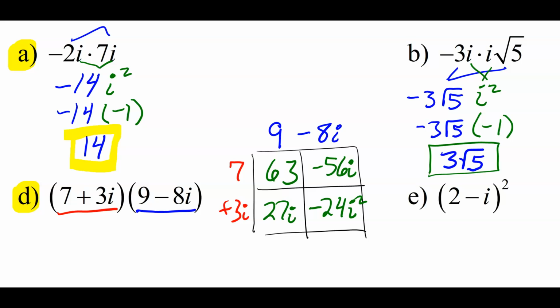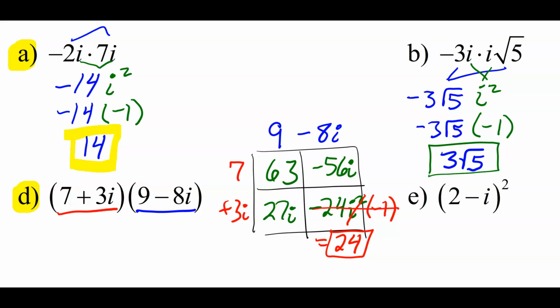Then I'm remembering that i squared is actually negative 1. So this part here is actually positive 24. The i squared is going to change the sign. So it's not negative 24 times negative 1, I'm just going to write it as positive 24. And then I'm not using this anymore. So this box has now become 24 instead.